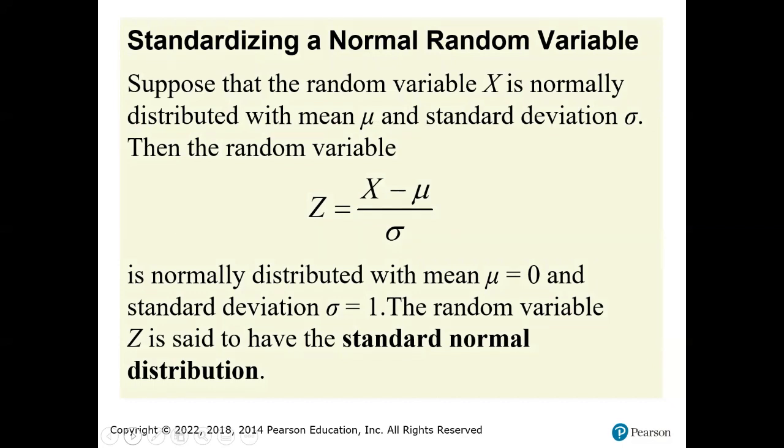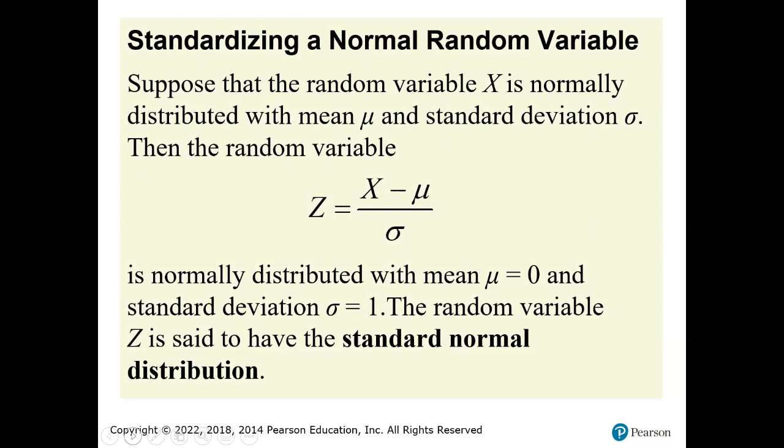Suppose that the random variable x is normally distributed with any mean mu and standard deviation sigma. Then we can calculate what's called the z-score by taking our data value minus the population mean, all divided by the standard deviation.